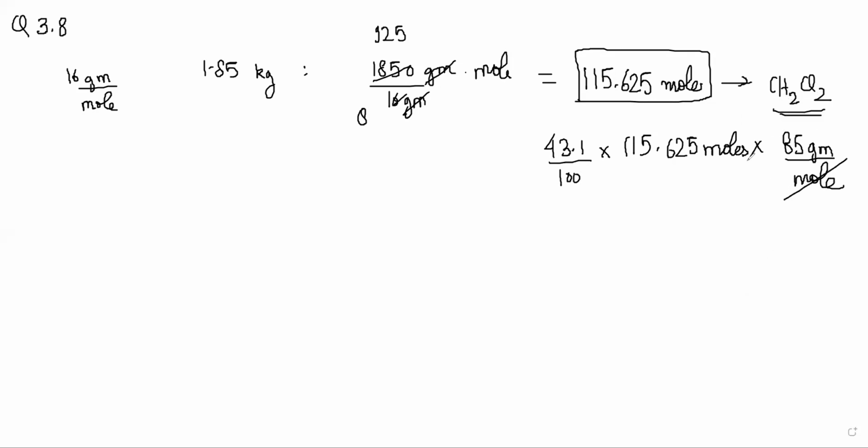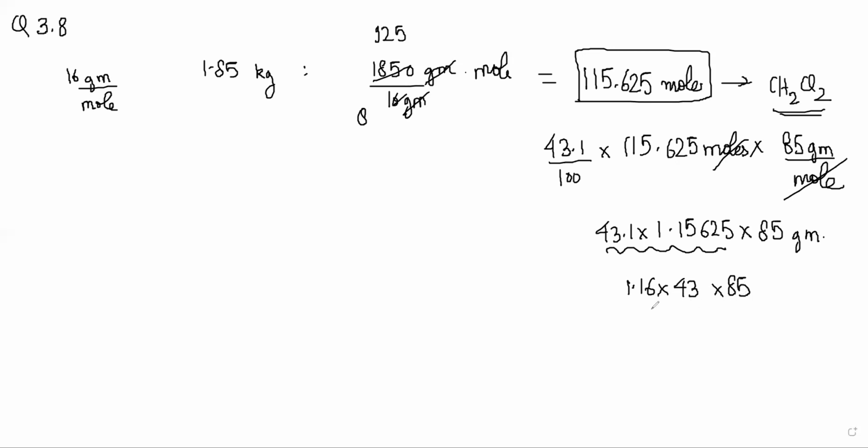So mole cancels here. This is the answer. Now you have to calculate it: 43.1 into 1.15625 into 85 grams. So you can calculate this as 1.16 into 43 into 85.